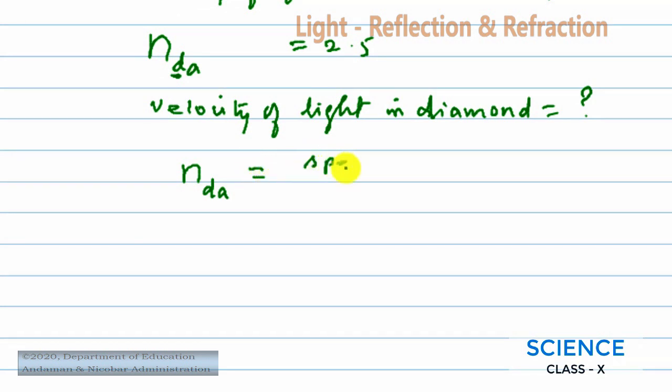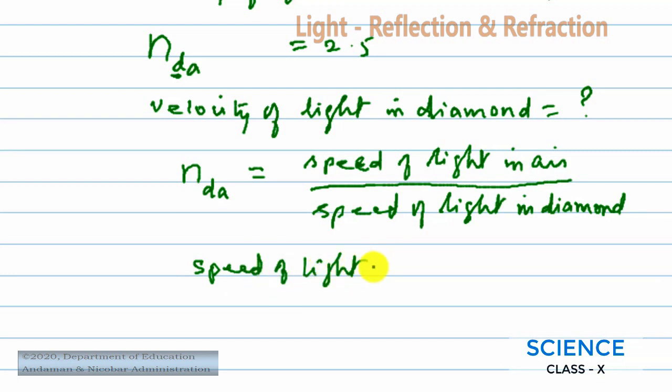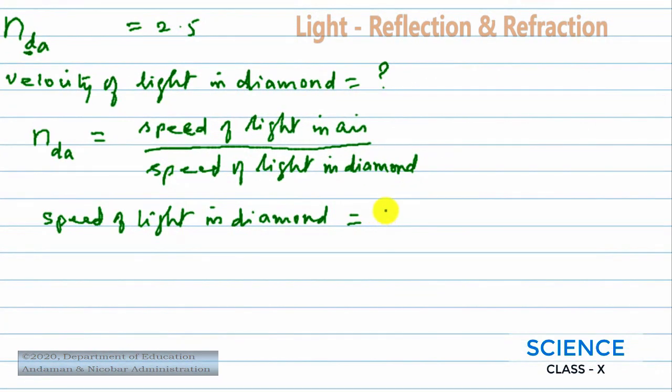So here the formula will be speed of light in air divided by the speed of light in diamond. So we know that by rearranging this equation, how can we write? Here speed of light in diamond is equal to the speed of light in air divided by the refractive index, that is NDA.